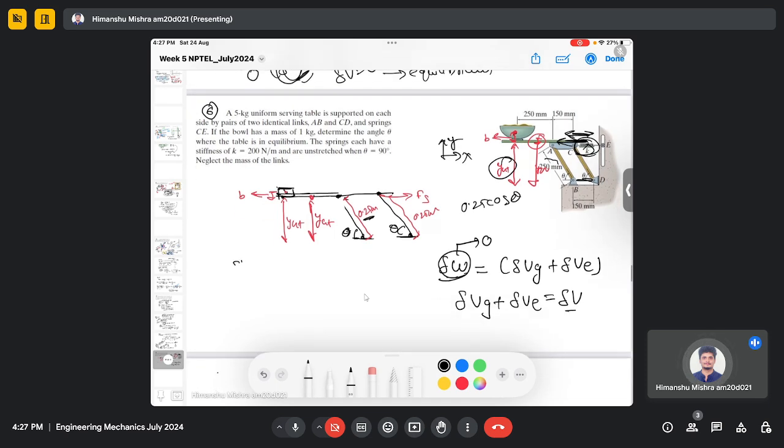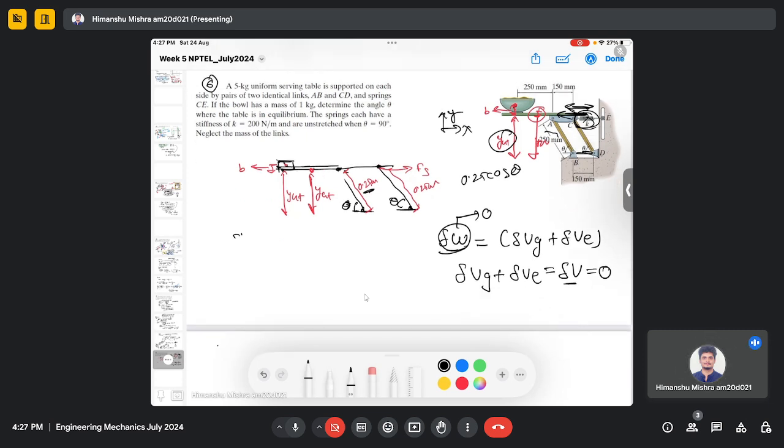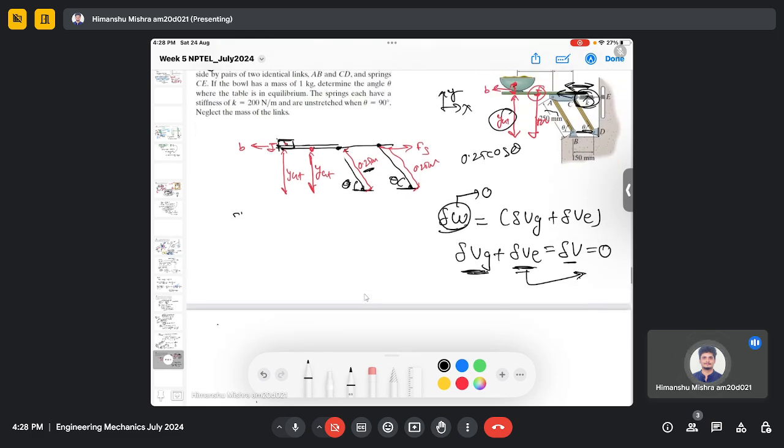Now the change in this total potential energy should be equal to zero for the system to remain in equilibrium. So here what we did, we found the potential energy from the gravity and from the elastic member, and then we equated its change. Then we found the change of this potential energy with respect to theta and equated it to zero.